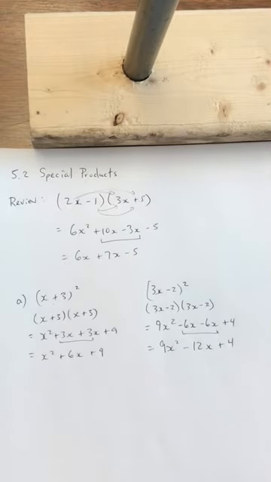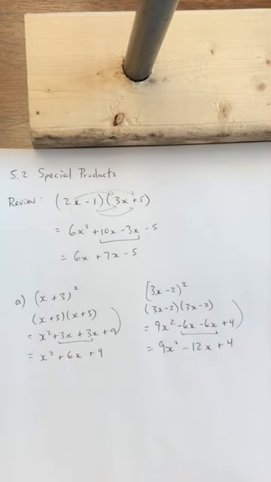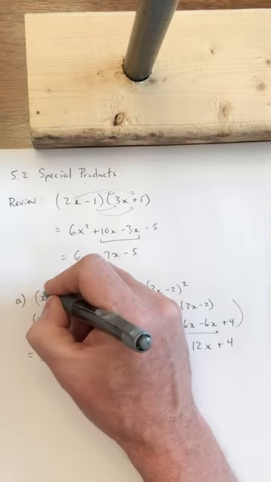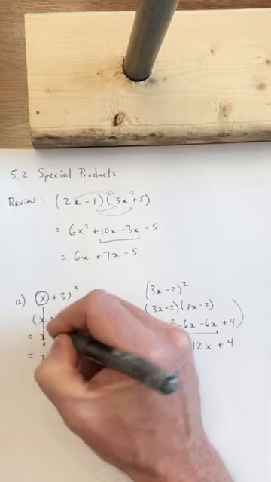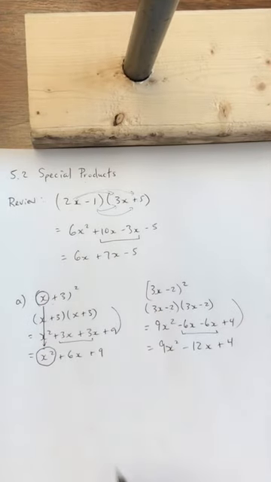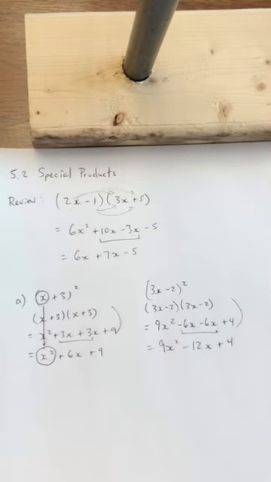Now, I don't know if you can see a pattern emerge in here, but there's a shortcut. So if I was to solve these questions or simplify these questions myself, I wouldn't need to do these steps. And I'm going to show you that shortcut here. So first of all, the first term of our binomial squared becomes the first term of our trinomial answer.